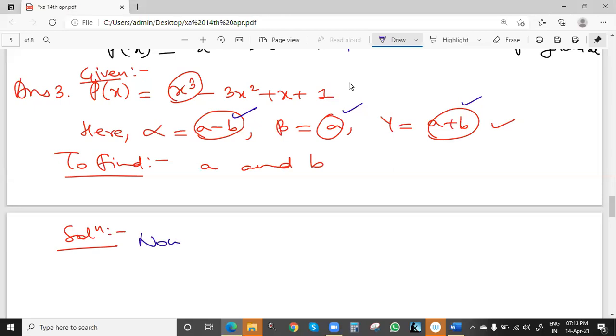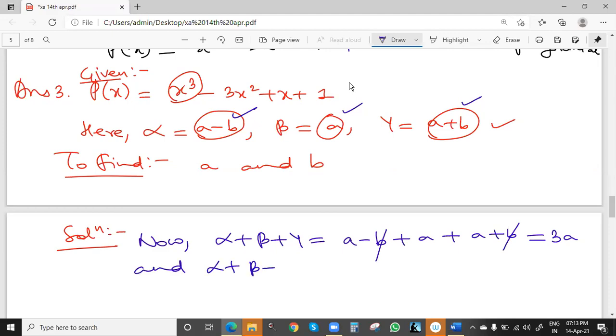So we can write alpha plus beta plus gamma equal to, alpha is the first zero, or first root, a minus b, plus beta is a, plus gamma is a plus b. While solving, b cancels, and 3a is the value. And alpha plus beta plus gamma equals minus b by a. See, minus b by a we know, but here the values are in b and a, so please don't confuse this b and a. Just directly we can write the values.